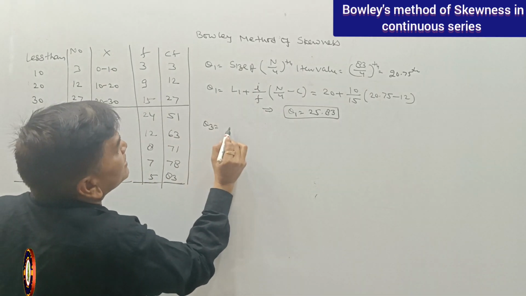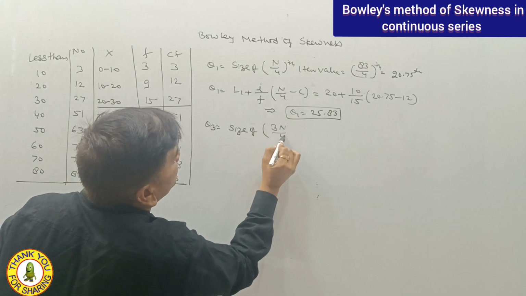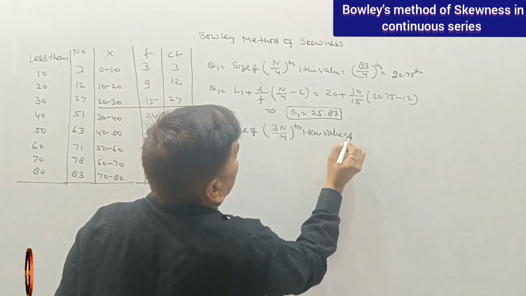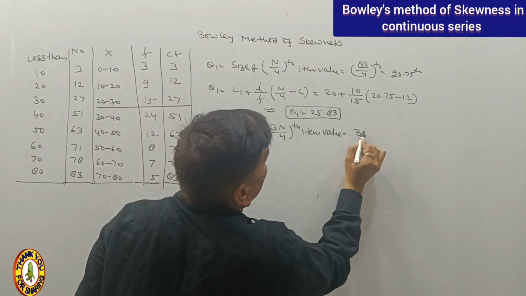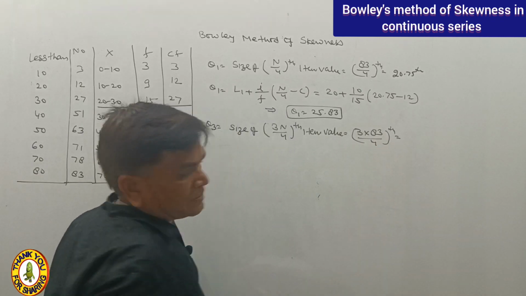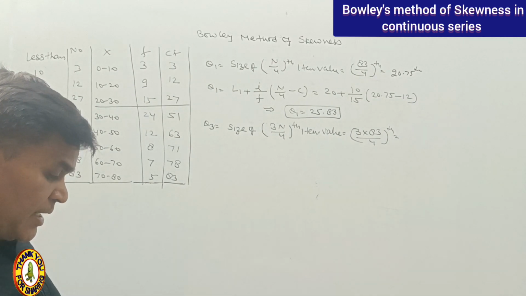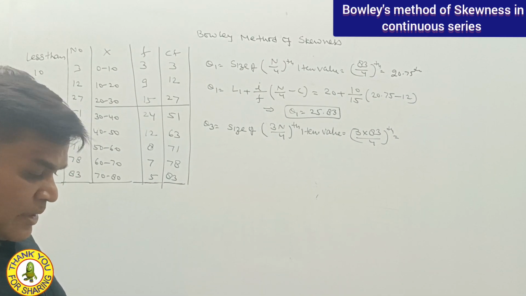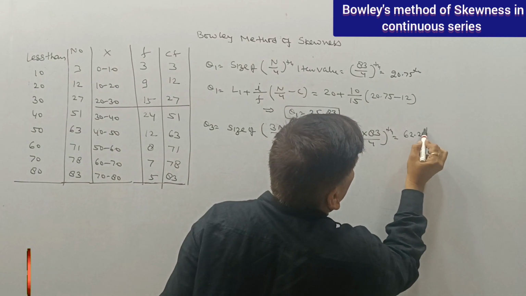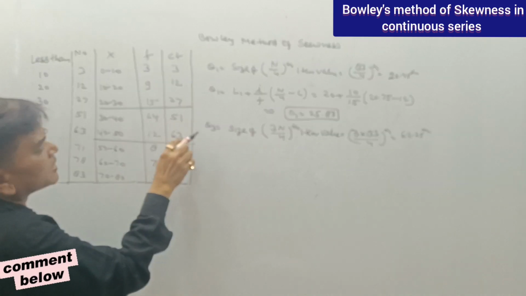Q3 value is the size of the 3n upon 4th item value, that is 3 multiplied by 83 upon 4, that is 62.25. 62.25 lies here, as the cumulative frequency here is 63.